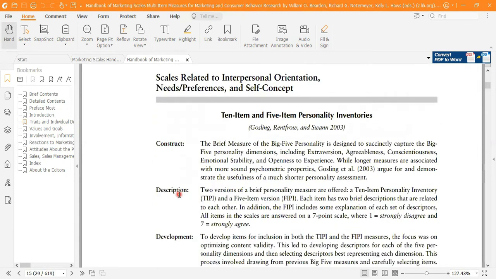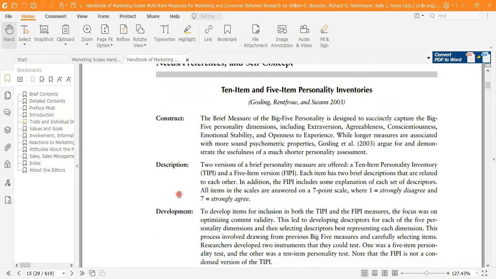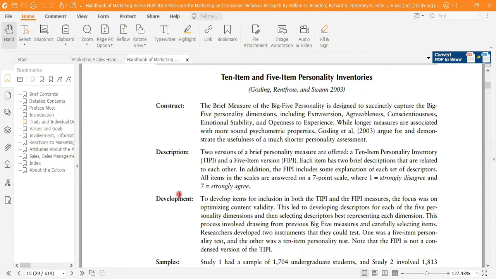Now, the first one is about scales related to interpersonal orientation, needs, preferences, and self-concepts. There is the 10-item scale in the Big Five personality inventories. Now, you know about personality. In the Big Five personality, there are five dimensions: extroversion, agreeableness, conscientiousness, emotional stability, and openness to experience.